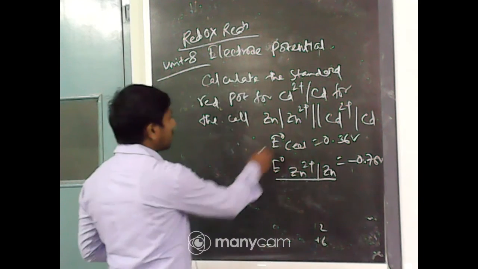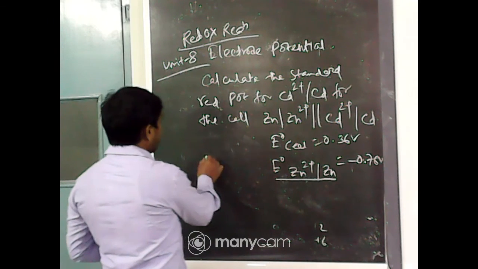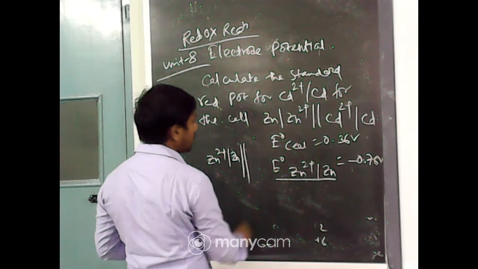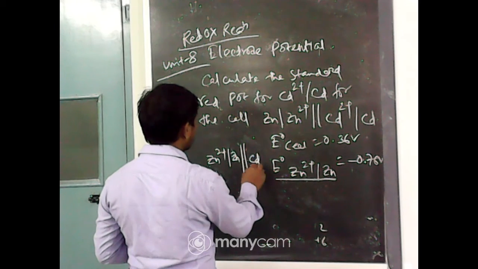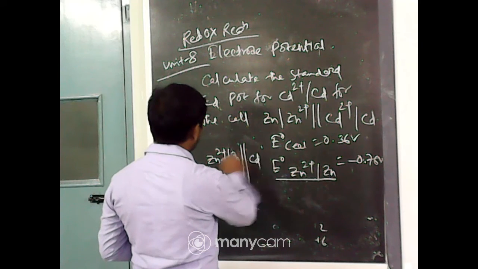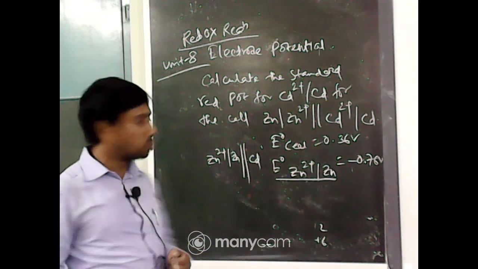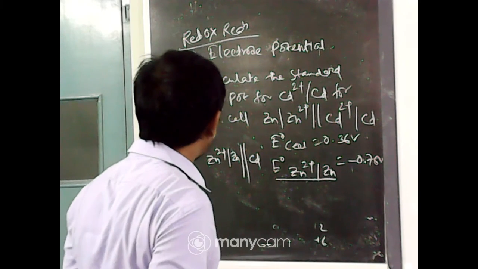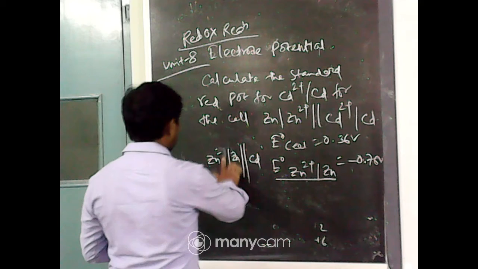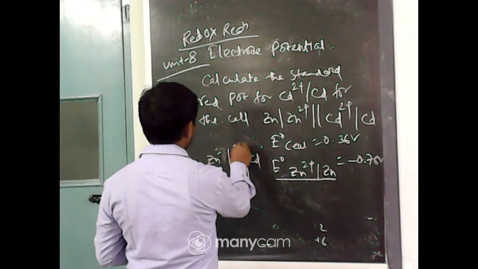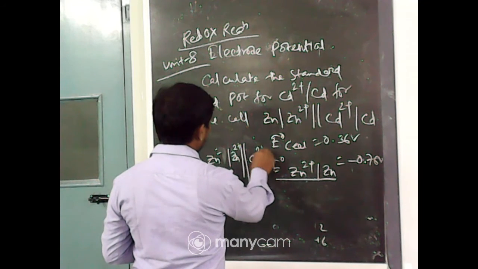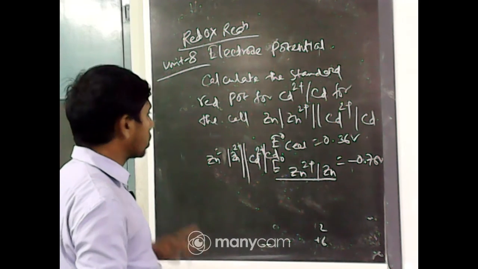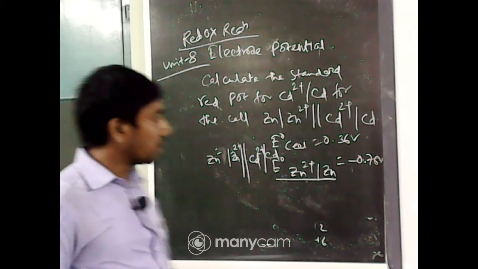So the cell construction is Zn|Zn2+||Cd2+|Cd, because the first one is the oxidation couple and the second one is the reduction couple.